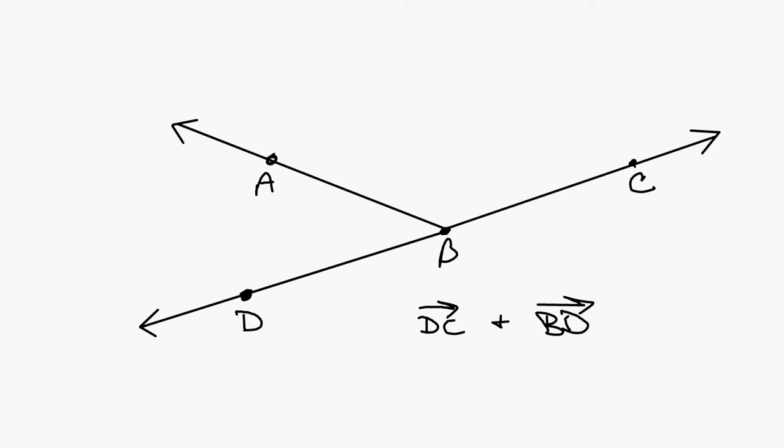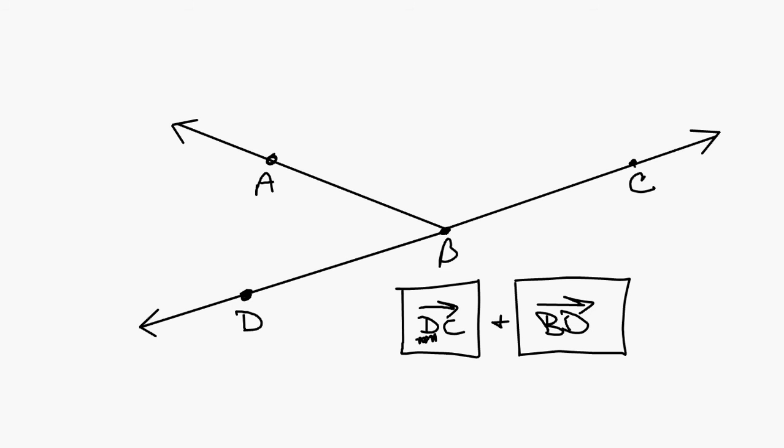They don't have a common endpoint, do they? What's the endpoint of ray DC? It's D, the first letter. And what is the endpoint of ray BD? B. So they don't have a common endpoint. In this case, they would both have to start at B: one goes through C, the other goes through D. Those two would be opposite rays. See the difference? Okay, very good.